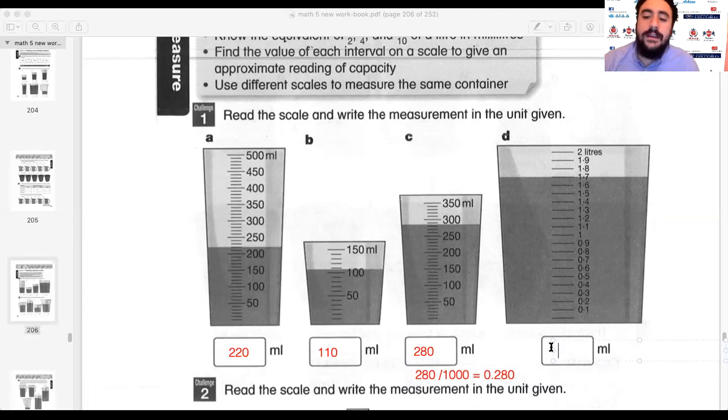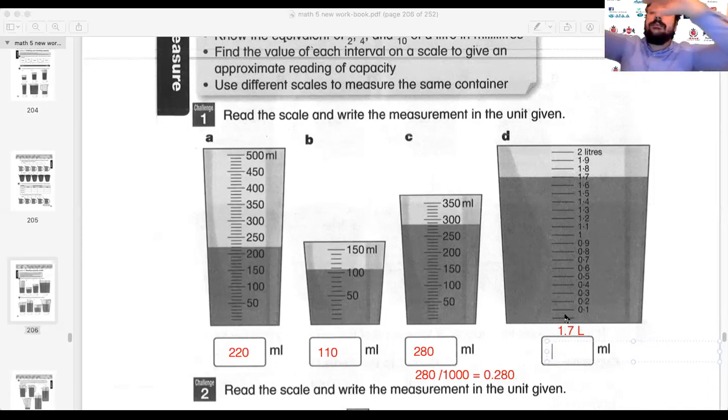Yeah, 1.7. But I'm asking about how many milliliters. This is 1.7 liter. So you are now going to convert 1.7 liter into milliliter. So should I multiply the liter or divide?